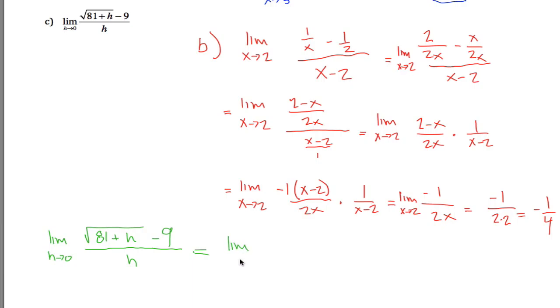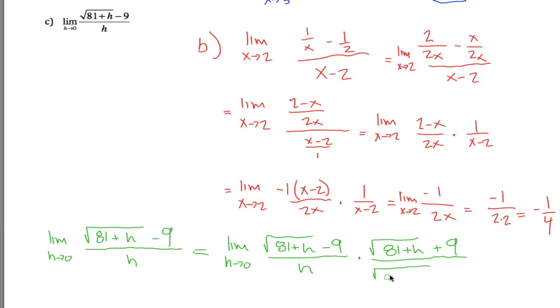The way you do that is with a little trick. You say that this limit is the same as the limit as h approaches 0 of the square root of 81 plus h minus 9 over h, times the square root of 81 plus h plus 9 over the square root of 81 plus h plus 9.